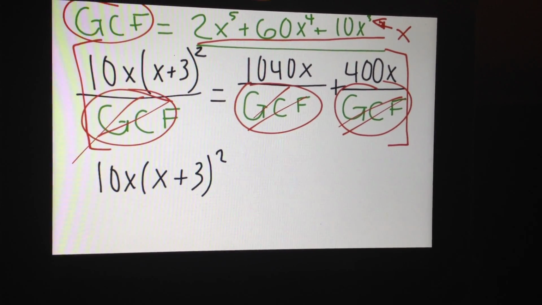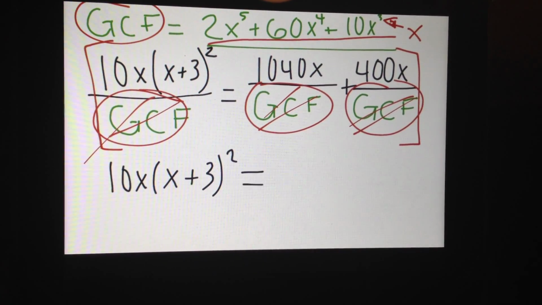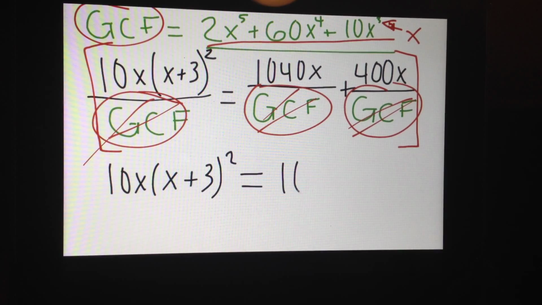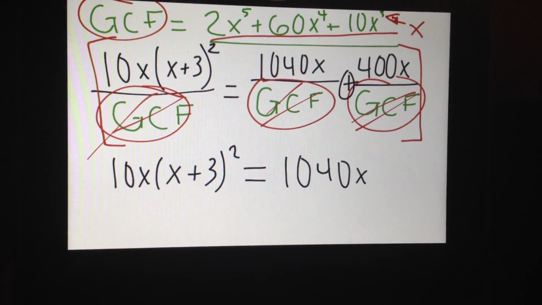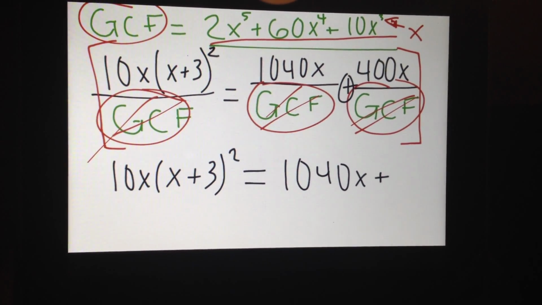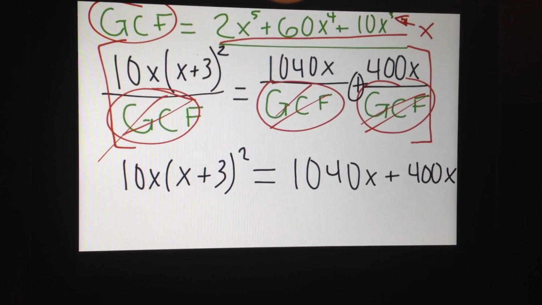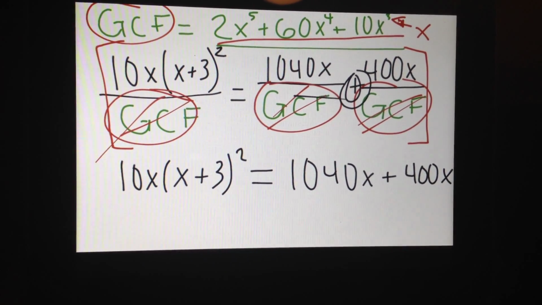This was supposed to be squared. Earlier on my other slide, it was cut off. So I have that, and then I have 1040x, and then don't forget the plus sign, plus 400x, because on this side of the equal sign, what it was doing was adding these two together.